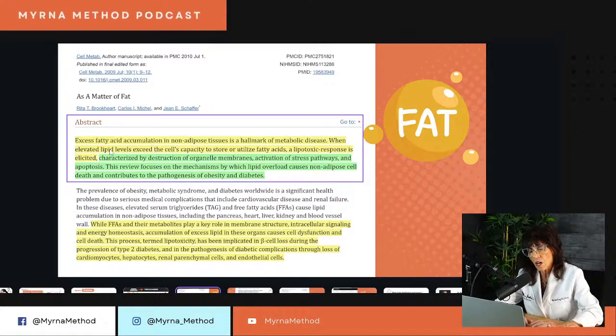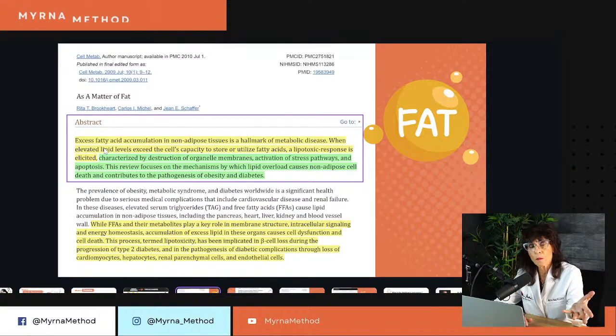In this study, it talks about excess fatty acid accumulation in non-adipose tissue, which means non-fat tissue, is a hallmark of metabolic disease. I just explained what metabolic disease is, also known as metabolic syndrome, which causes obesity. We'll go into that.